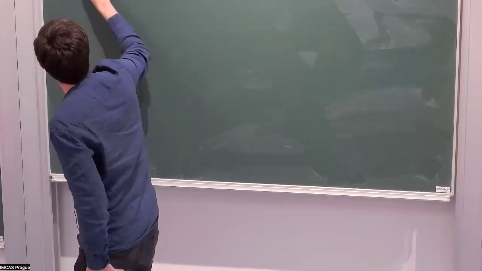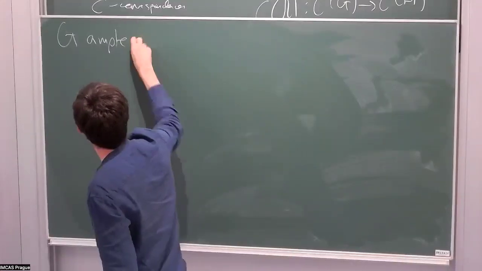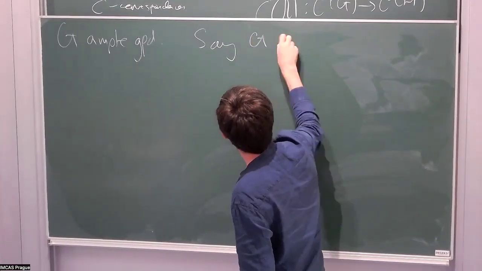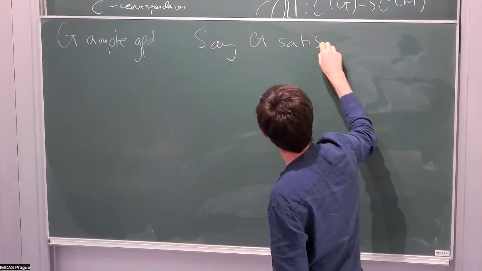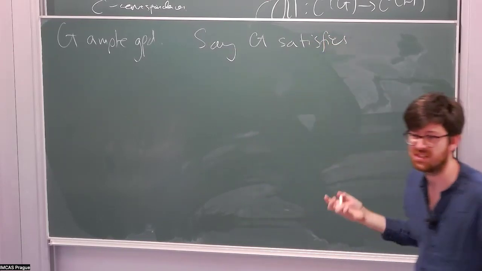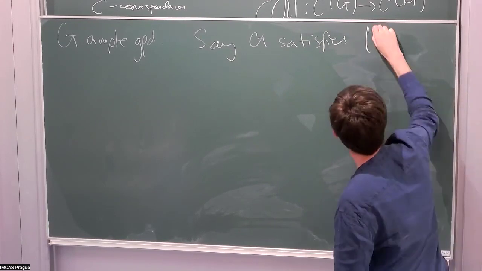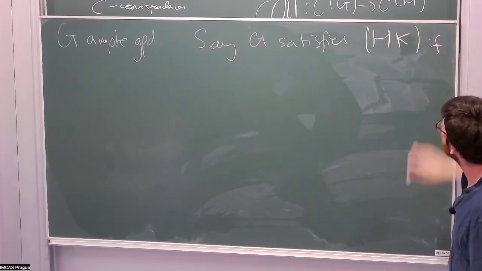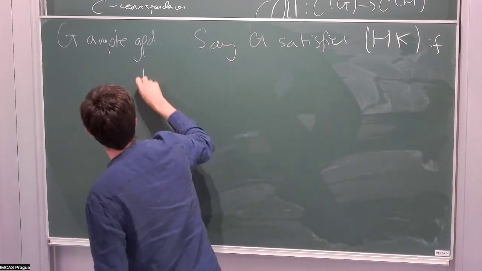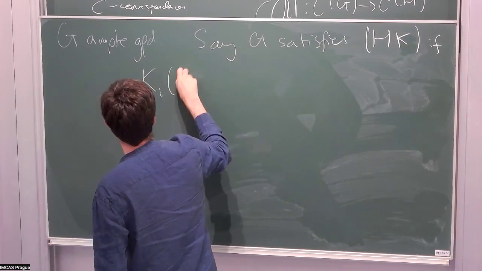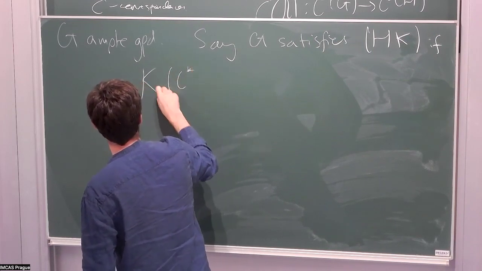So G, an ample groupoid. We're going to say G satisfies the HK property, if, when we take the K theory of the C-star algebra, maybe I'll just put a star here.